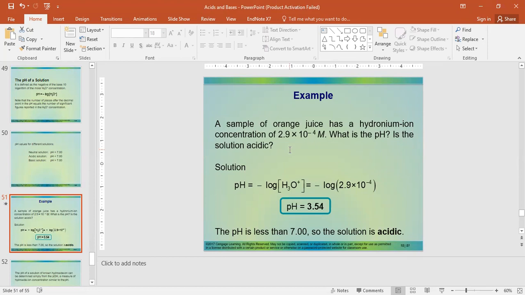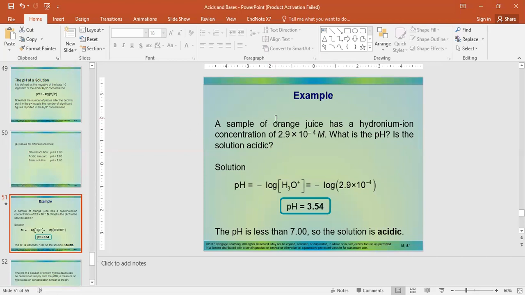When you are given the concentration of the hydroxyl ion, you can use the relationship of the ion product equal to 10 to power negative 14 to calculate the concentration of the hydronium ion from there. Then once you have the concentration of the hydronium ion, you go ahead and calculate the pH directly. That's actually what I was explaining.